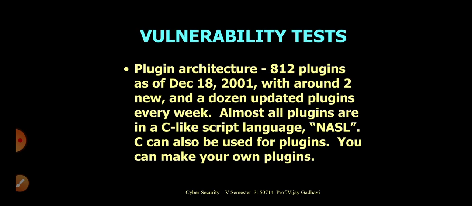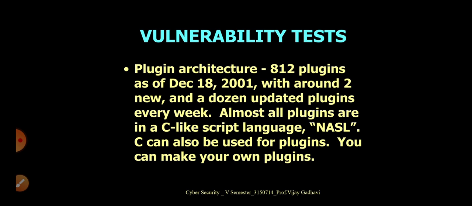Then vulnerability tests and plugin architecture. There were 812 plugins as of December 18, 2001, with around 2 new and dozens of updated plugins every week. Now in 2020 there are more than 6,000 plugins available, and dozens of updated plugins are still coming every week.